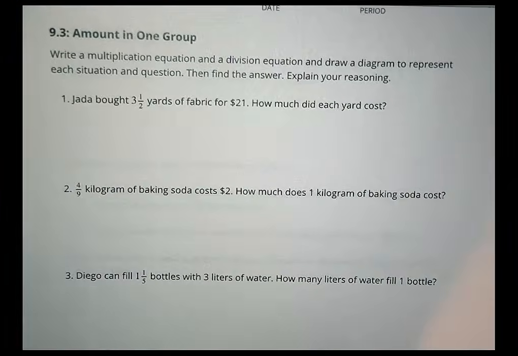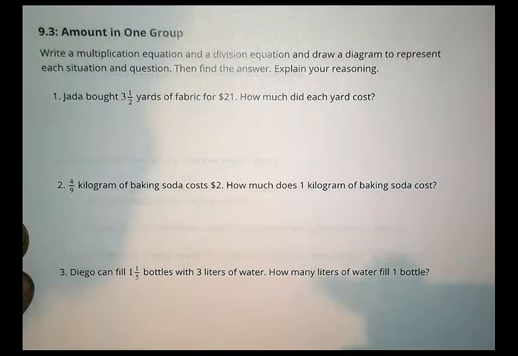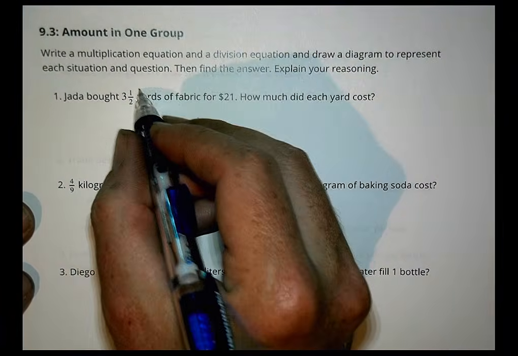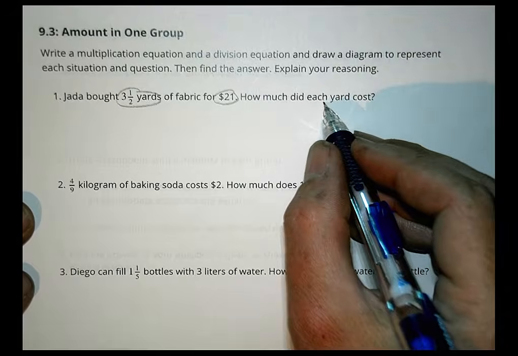Activity number 3. Amount in one group. Write a multiplication equation and division equation and draw a diagram to represent the situation, then find the answer. Alright, so Jada bought 3.5 yards of fabric for $21. How much did each yard cost?